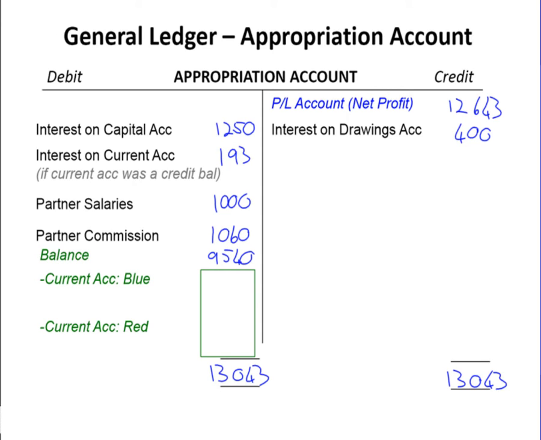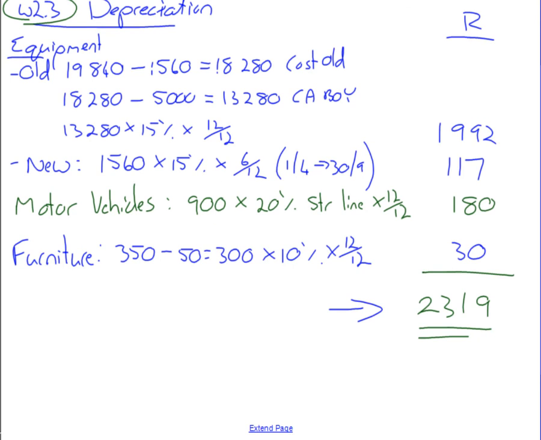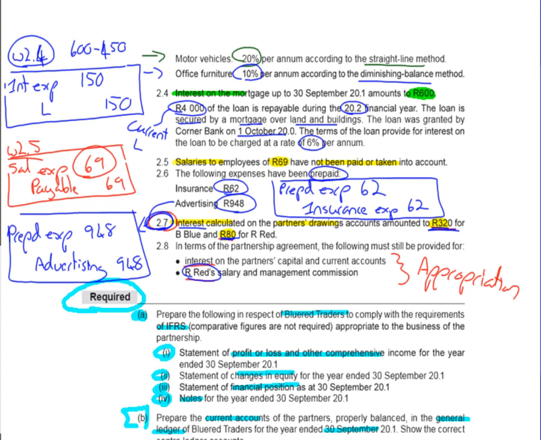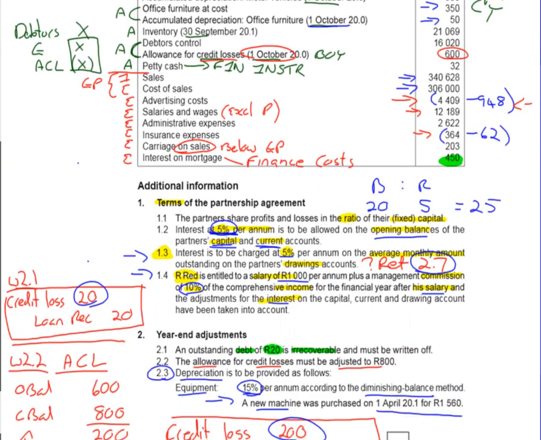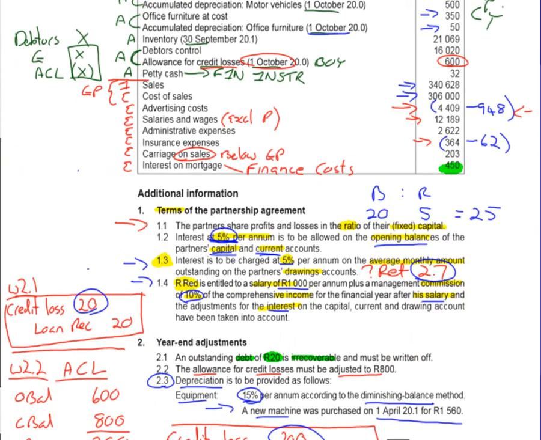which I now need to split between the current account for blue and the current account for red. Here you have to look carefully at what was given to you in the question. In the question, you were told the partners shared profits and losses in the ratio of their fixed capital, which was 20 versus 5, being a total of 25,000.